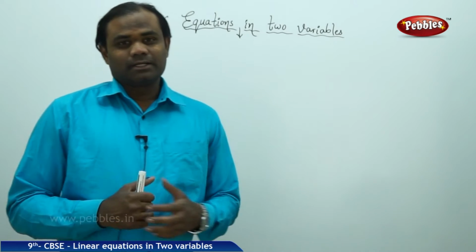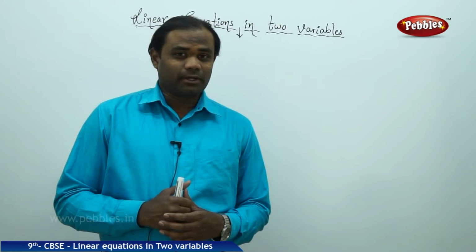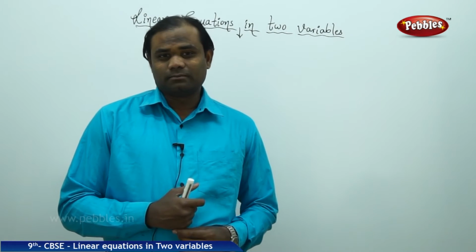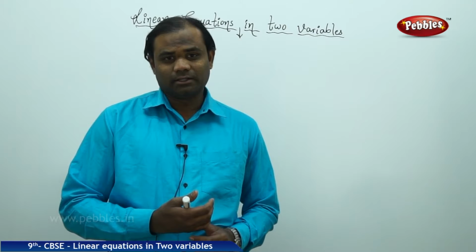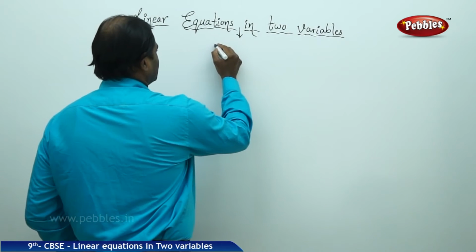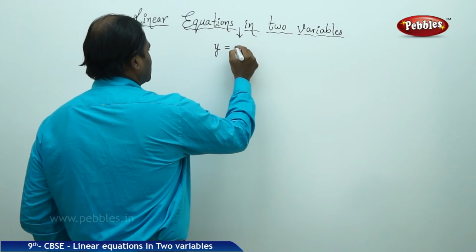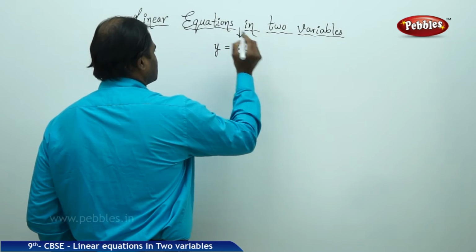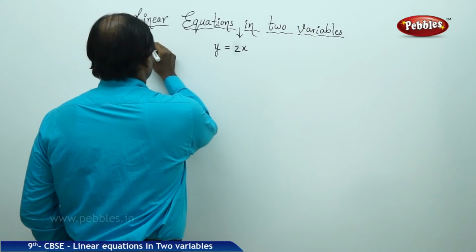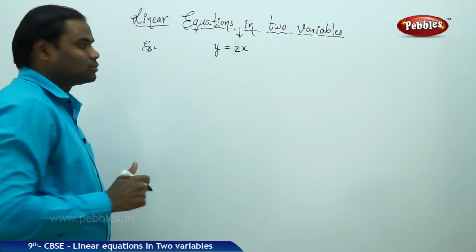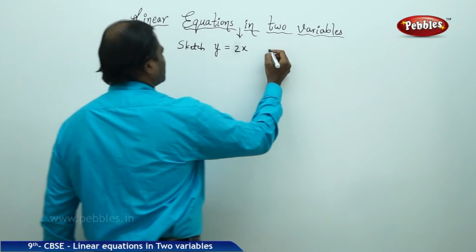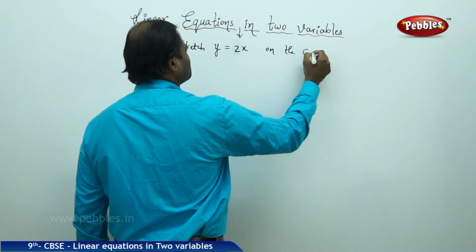Now that we have seen the linear polynomial y is equal to kx, which has its own graphical properties passing through origin, let's see one example problem to understand the concept more strongly. Imagine I have a line y is equal to 2x. My question here is to sketch y is equal to 2x on the Cartesian plane.